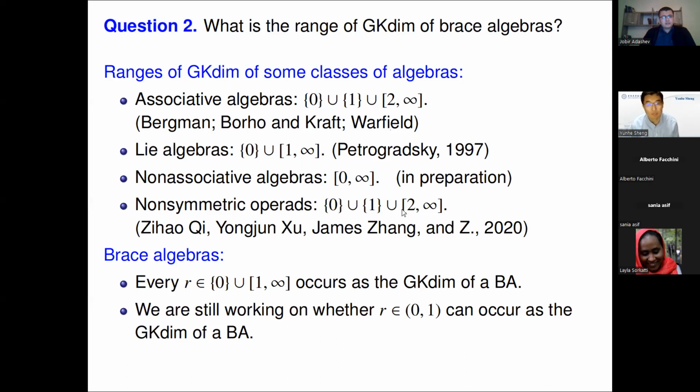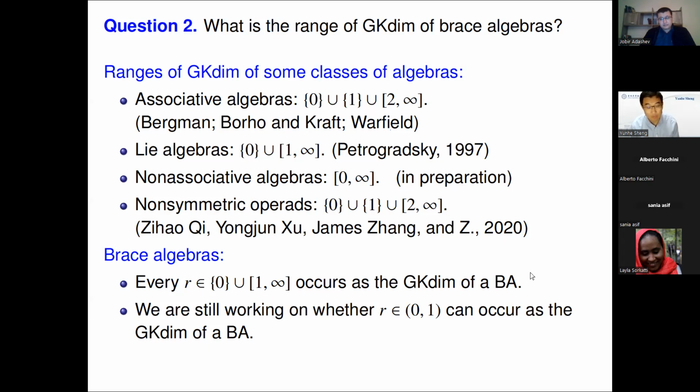And we also know that for non-symmetrical operads, the range of GK dimension is the same as associative algebras. There are two gaps. For brace algebras, we already know that any r equal to 0 or greater than or equal to 1, even infinity, occurs as the GK dimension of a brace algebra.